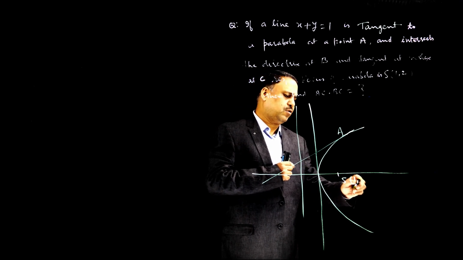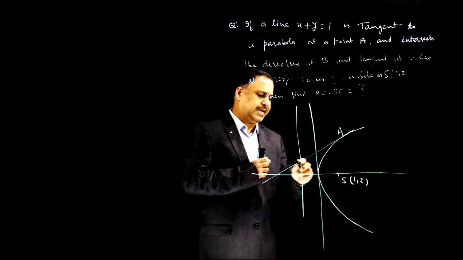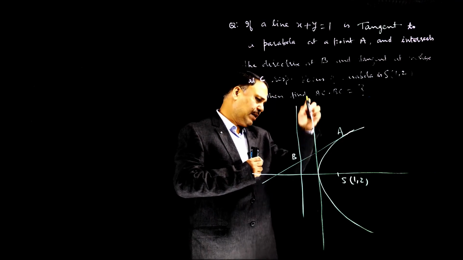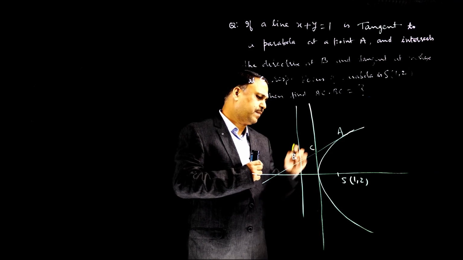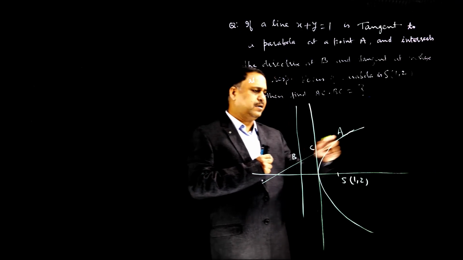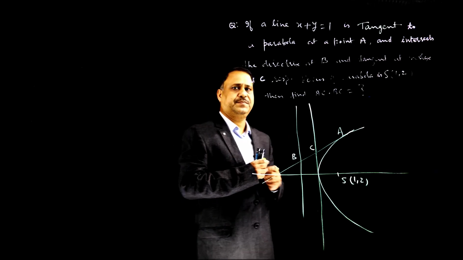Focus is (1, 2). It intersects the directrix at B, and this is the vertex here, the tangent at vertex intersects at C. So this is the situation. You have to find the product AC into BC, how much is it.